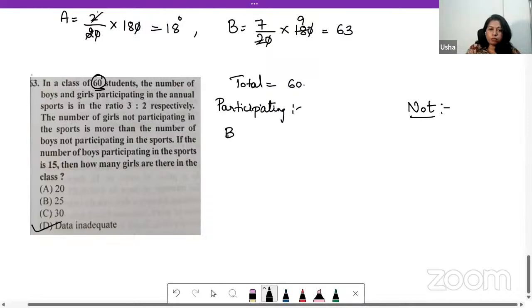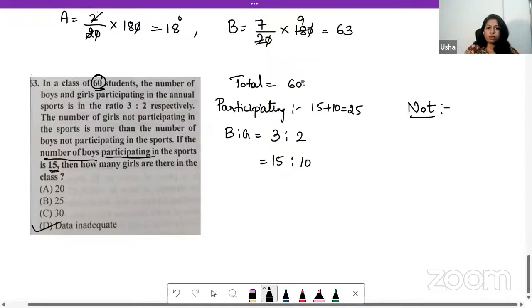Here, the boys to girls ratio is 3:2. And they have given the number of boys participating in the sports is 15. So this boys number is 15. 3 into 5 is 15, so 2 into 5 is 10. So totally how many students are participating? 15 plus 10, 25.